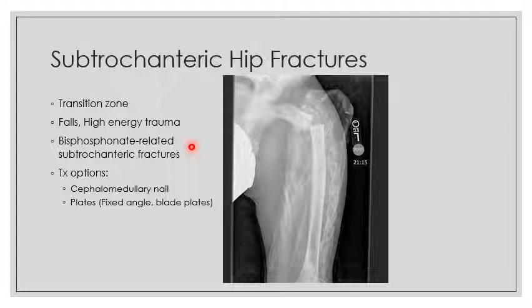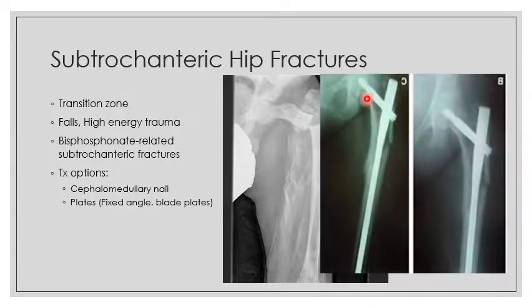It's also particularly good to note that in some bisphosphonate related subtrochanteric fractures, it's paradoxical: you give bisphosphonates to increase your bone strength, but in some patients, they have bisphosphonate related subtrochanteric fractures.